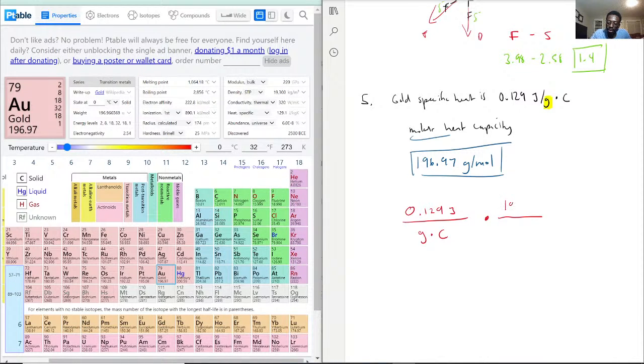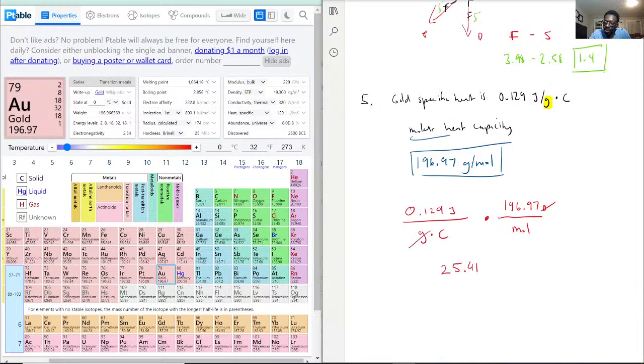So we have 196.97 grams per mole. And now, bam, these two cancel out. And if we multiply 0.129 times 196.97, we get 25.41. Let's round there, okay?